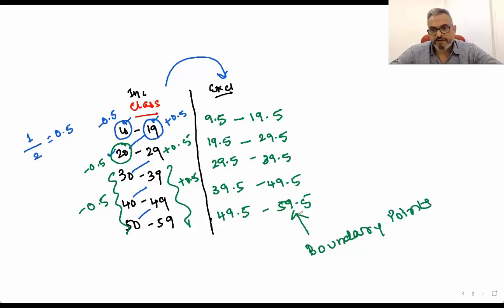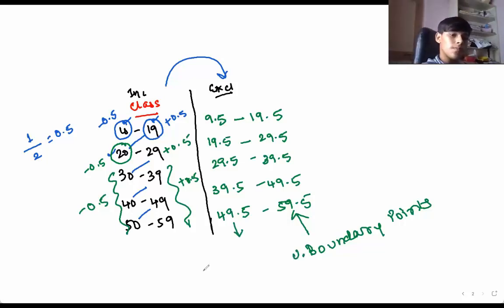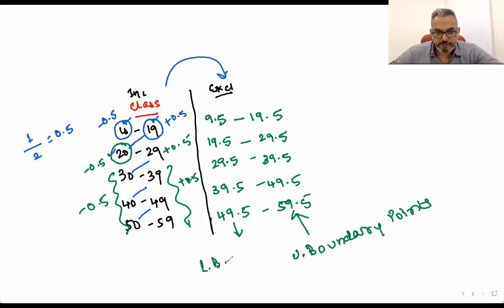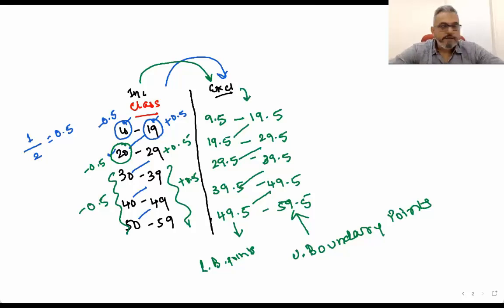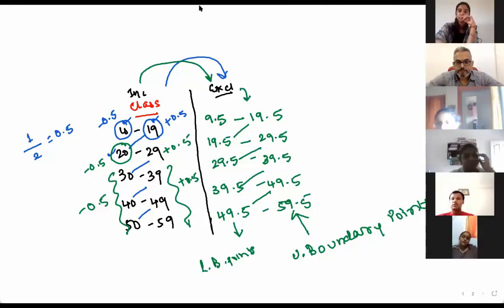This is the upper boundary point and this is the lower boundary point. So what did we do? We converted inclusive into exclusive. So 10 to 19 became 9.5 to 19.5. Now you can see there is repetition. So this is our exclusive frequency distribution. Did everyone understand this? Yes, sir.